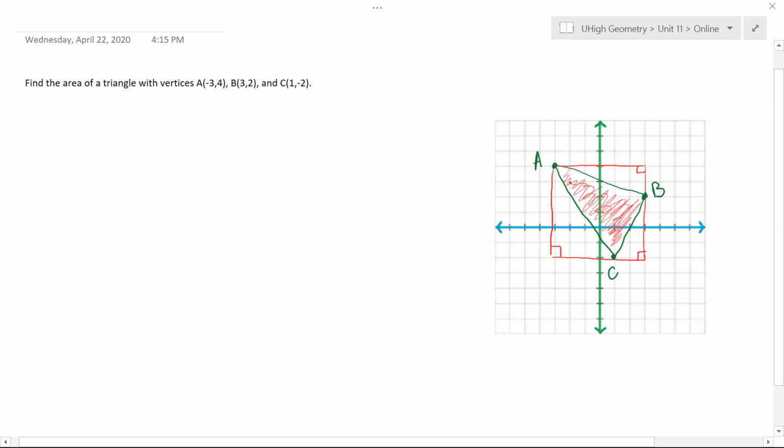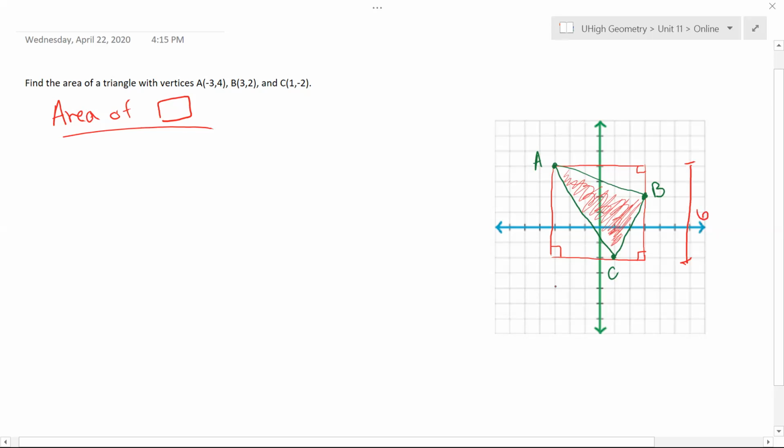So first thing that I'm going to have to do is find the area of that rectangle that I just created. So I can just count my lengths here. From here to here, that has a length of 6.